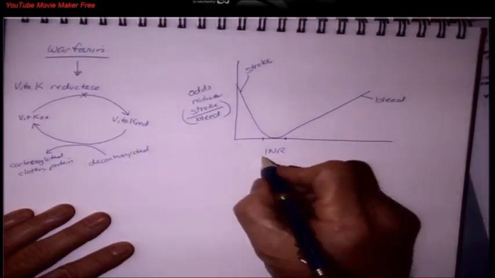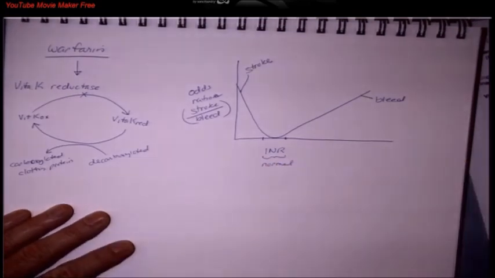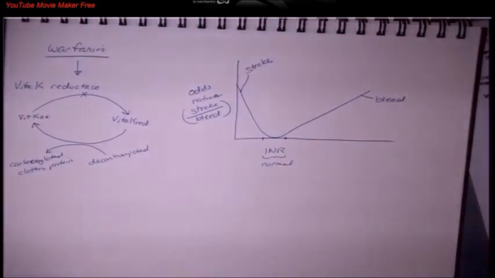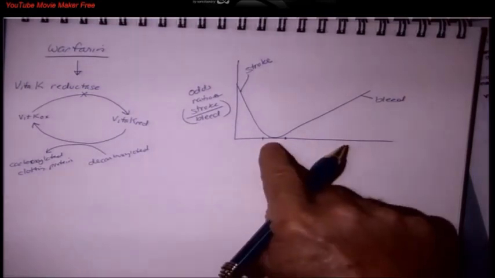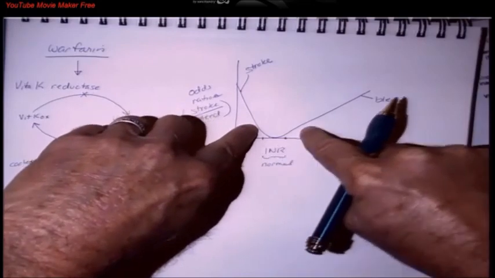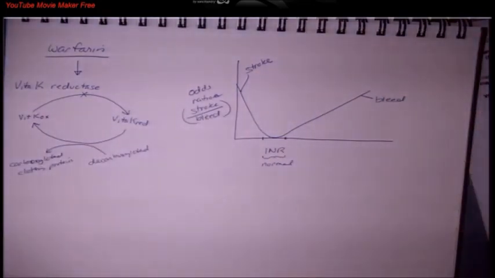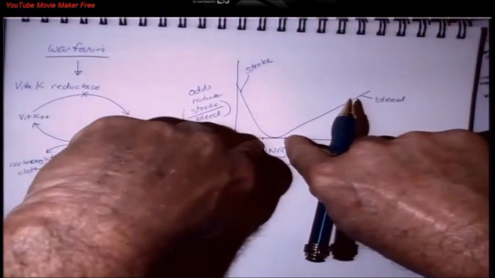Fortunately, most of us spend our lives in this normal zone where we can balance the clotting reaction to take care of wounding needs, but we don't clot too fast, and we don't clot too slowly. You get the picture, baby bear, mama bear, baby bear, just right in that region.